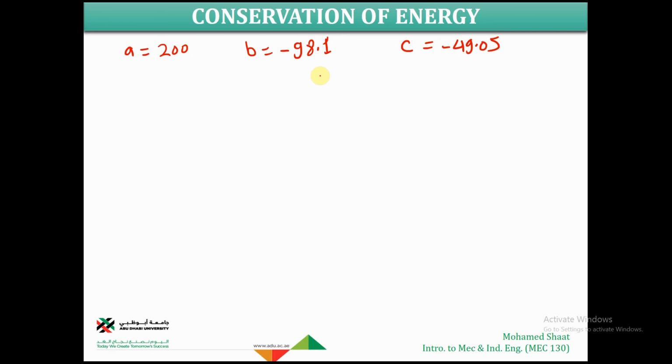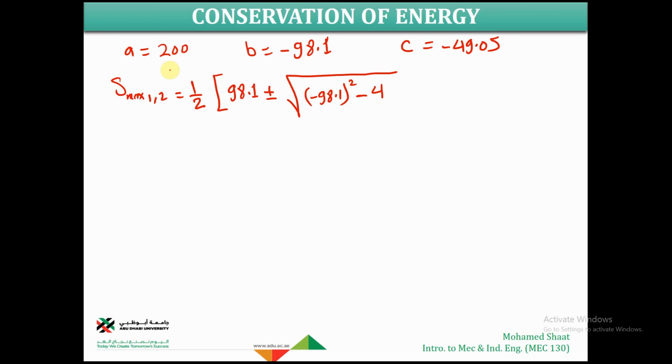Then you're going to plug these parameters in to find the roots S maximum 1 and 2 of this quadratic equation as 1 over 2A. Then you're going to have the negative B, so negative times negative gives 98.1, plus or minus the square root of B squared, which is negative 98.1 squared, negative 4AC.